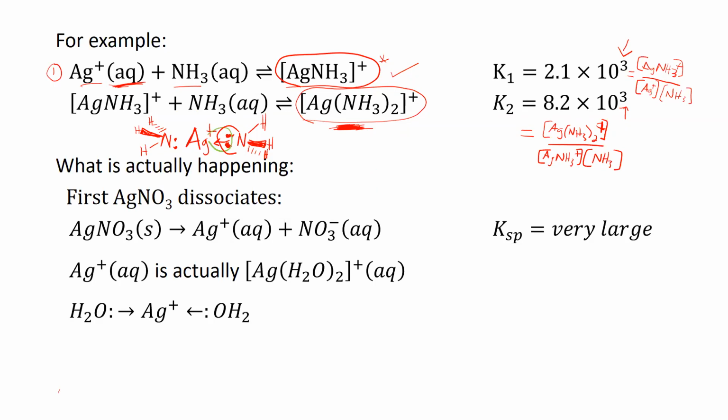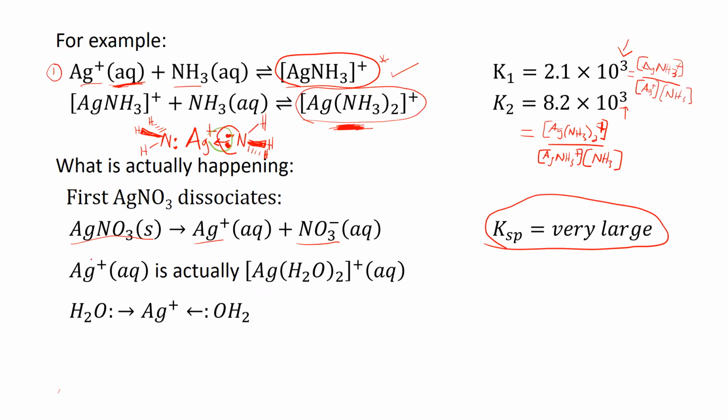But when I think about how I get that silver ion into solution, I would get it there by dissolving something like silver nitrate, right? Silver nitrate, we know, is soluble, and so it's going to dissociate into silver ion and nitrate ion. And that Ksp is very large, right? We know it's very large because nitrate salts tend to be very, very soluble. So as we've said in the past, it's going to dissociate completely.